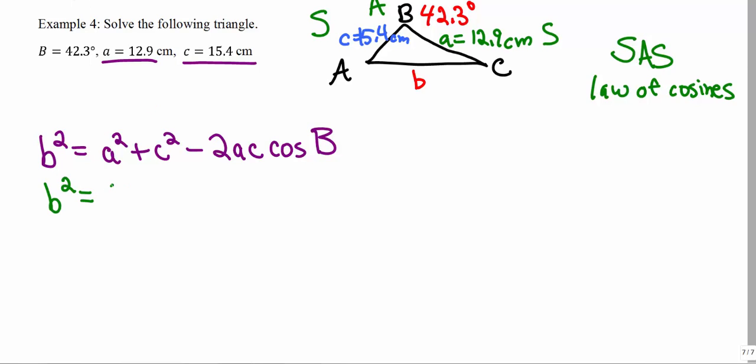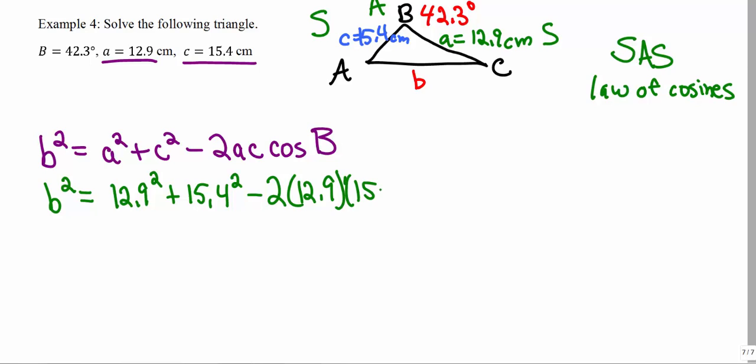And we're going to plug in all our values, so 12.9 squared plus 15.4 squared minus 2 times A times C times cosine of angle B, and angle B is 42.3 degrees. So what's nice, once again, is since we're solving for a side, all we have to do is put this into our calculator basically exactly as we see it.